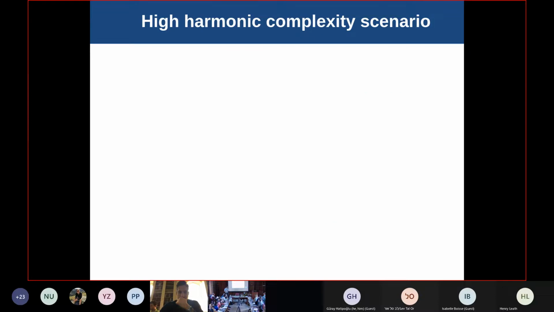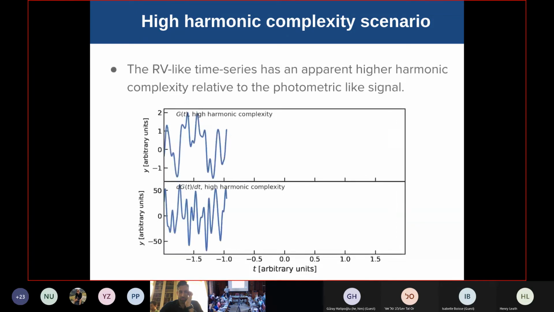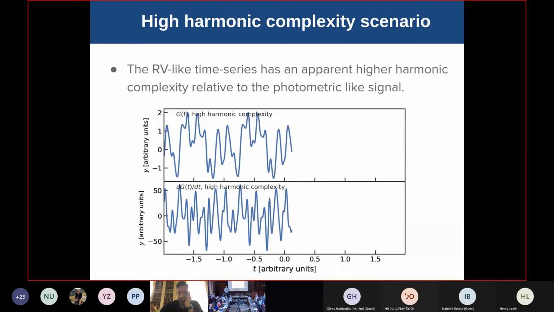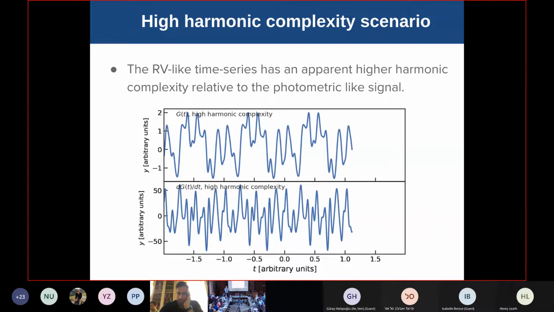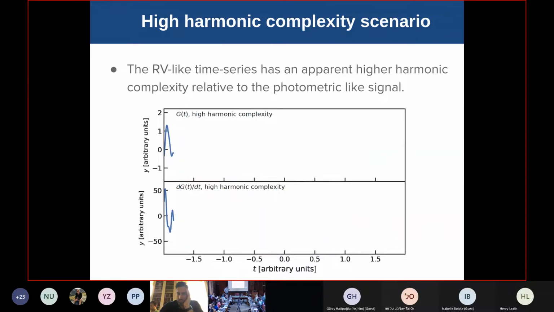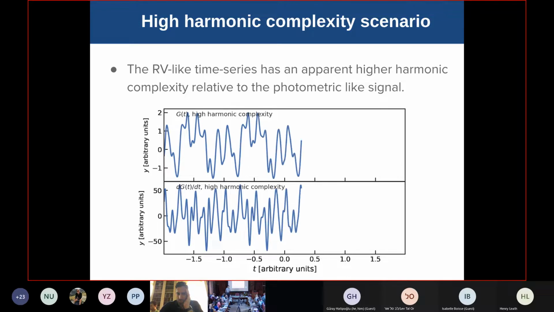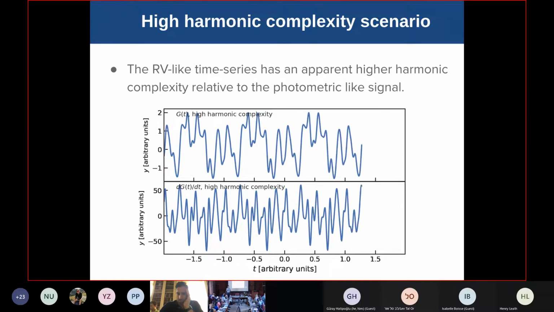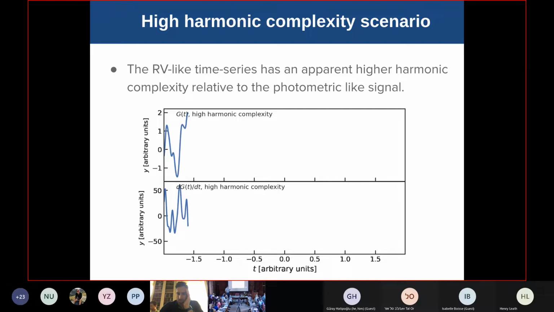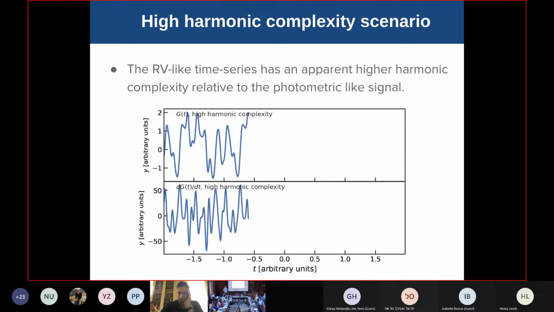So the first one is, what happens in the high harmonic complexity scenario? What happens if your star has a lot of spots, is rotating fast, whatever, and then you have a really high harmonic complexity? Well, you will see that the time series that behaves as the derivative, in this case a radial velocity-like time series, compared with a photometric-like time series, has a higher apparent harmonic complexity, much more complex than what you see in your activity indicator.